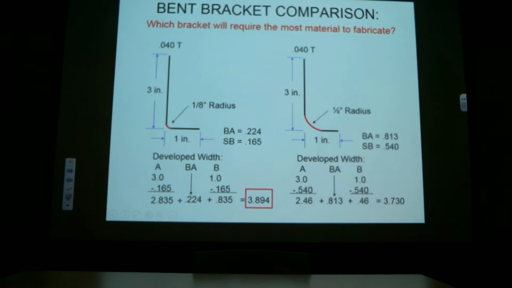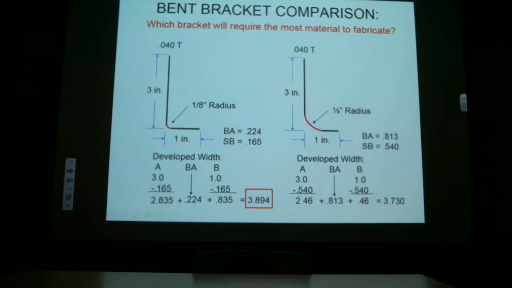There's an FAA test question that's based on this information as well. If you're looking at two brackets, for example, and they've got different radii, even though they've got the same overall dimension, the one that has the smaller of the two radii is going to give you the overall greater amount of material to make the part.